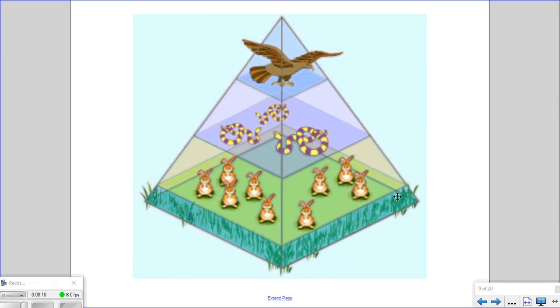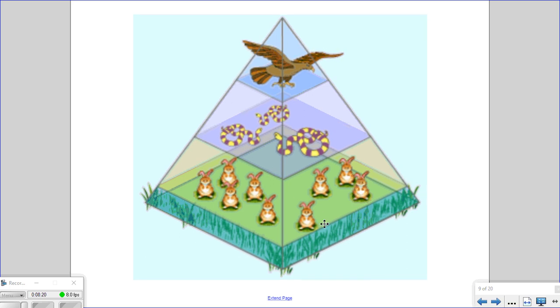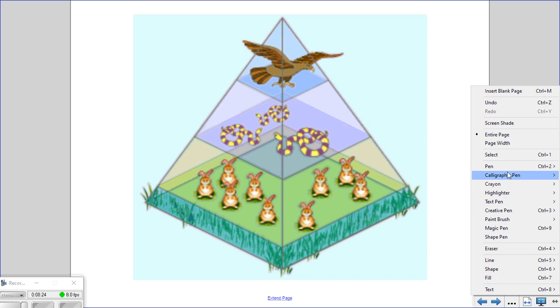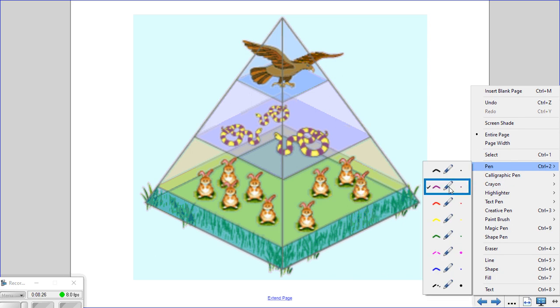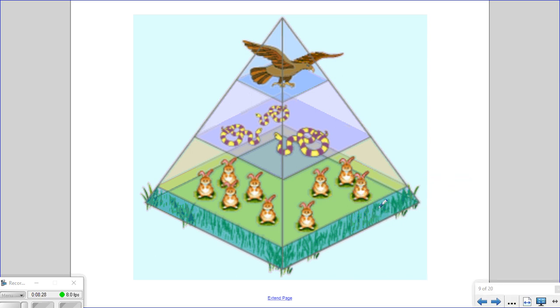So this diagram just shows the fact that the energy available will affect the abundance of organisms that you find within each trophic level. So within the first trophic level, where the most energy is available, these organisms will be the most abundant.